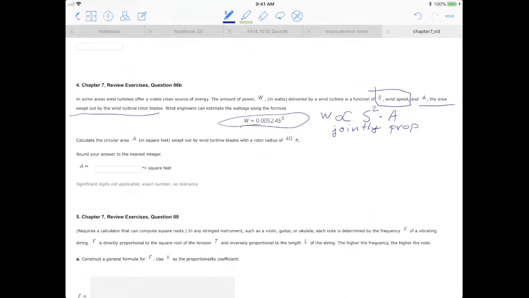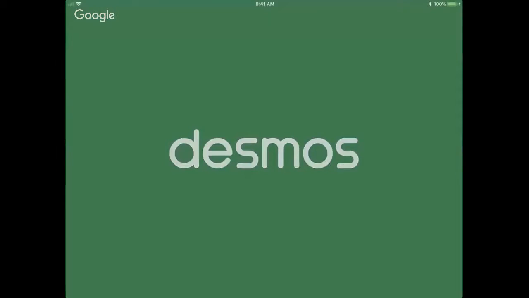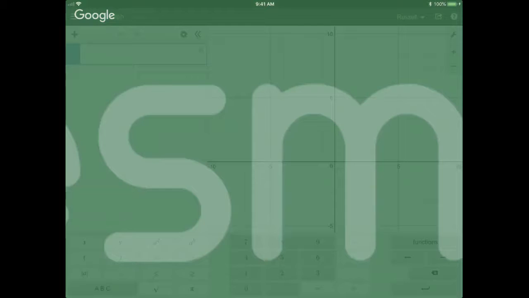All right, let's go for it. Calculate the area in square feet swept out by the wind turbine blades if the rotor radius is 40 feet. So we have A. A is going to be what? Pi r squared. Pi times 40 feet squared. Well, I just need to know what pi times 40 squared is, right?